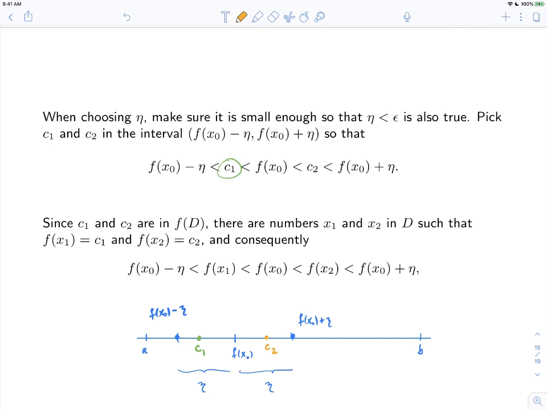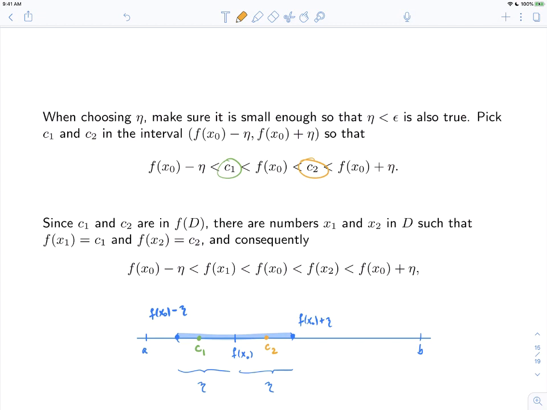So C2 is to the right and C1 is to the left. Okay, but we're still in this interval. Okay, so C1 and C2 are within eta of the center, f at x naught, but C1 is to the left and C2 is to the right.